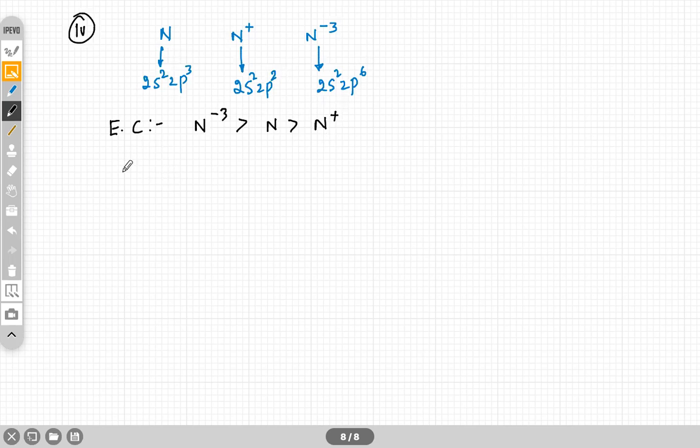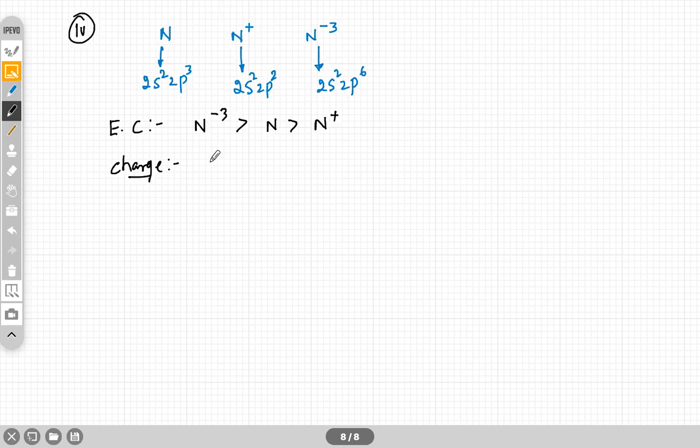If you talk about the charge factor, we have minimum electrons in N plus, so N plus has maximum charge. The size for N plus is minimum, then we have N, and then we have N minus 3.